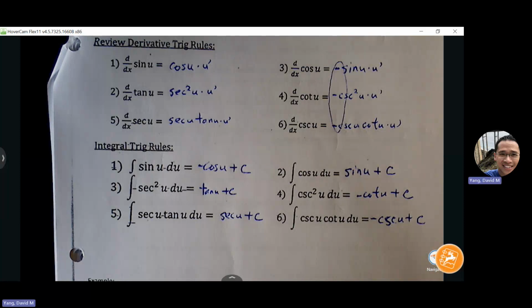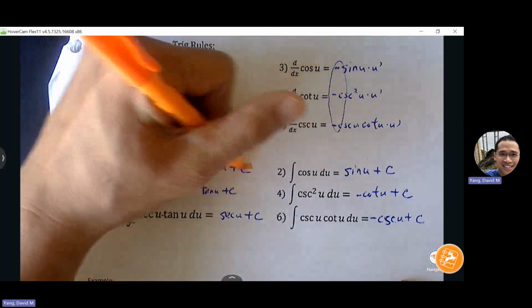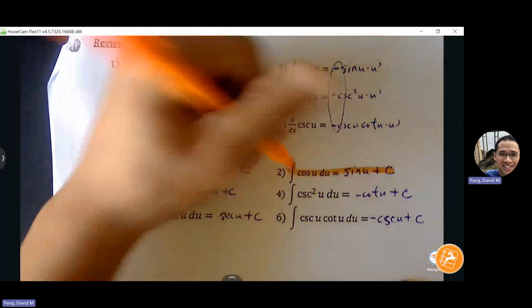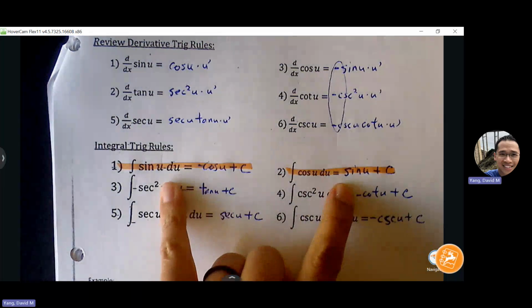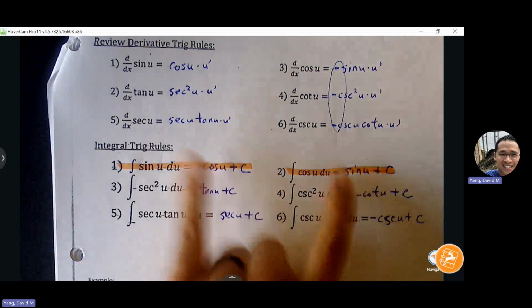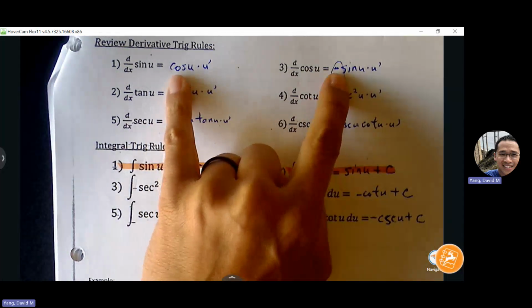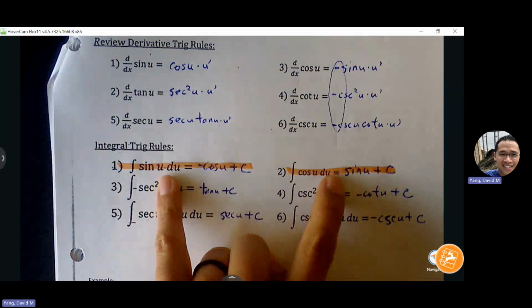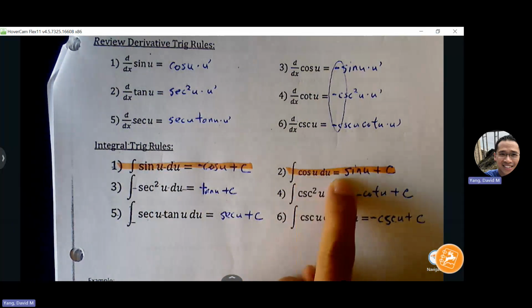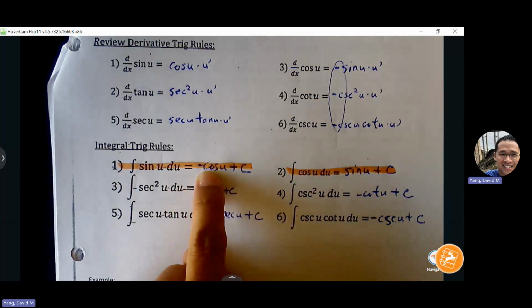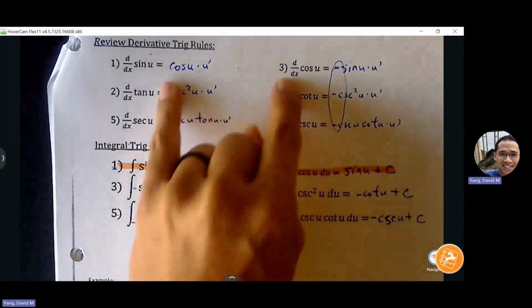But I do want to talk about some trouble spots that students experience. Why do you think these give some students trouble? Yeah, because of the signs, right? Because of the negative, because we're so used to the derivative rules that it feels weird. Wait, so cosine has a negative sign in the derivative and sine has a positive cosine. Why is that the case? Because we're going backwards.